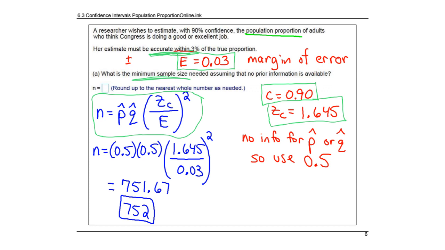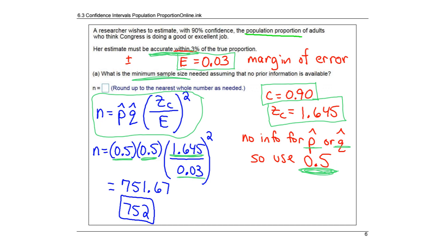Okay, so let's fill in what we know. Notice they didn't give us p or q, right? There was no p or q, and therefore we're going to use the 0.5 because they didn't tell us otherwise. So p hat is 0.5, q hat is 0.5. The critical value z of c is 1.645. We found that from our resource sheet.